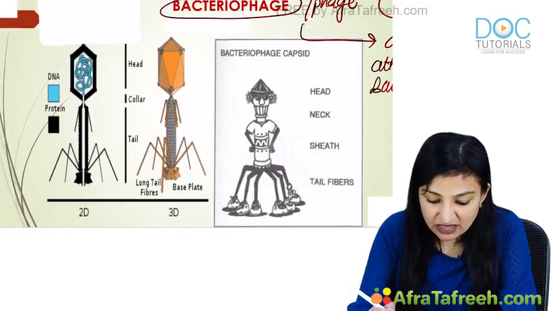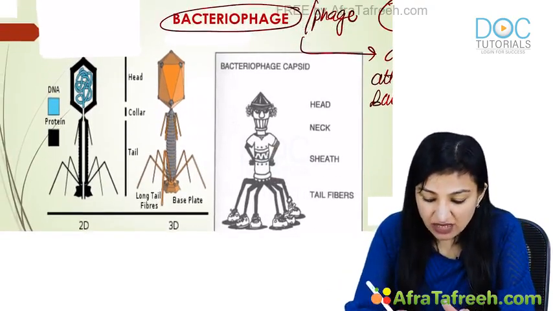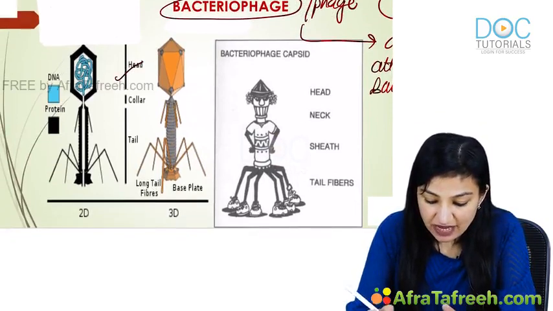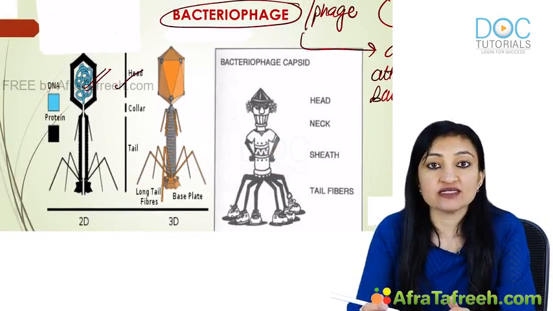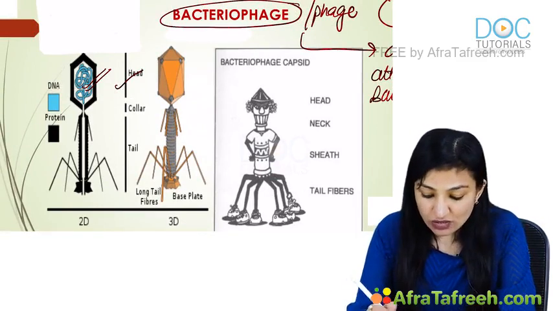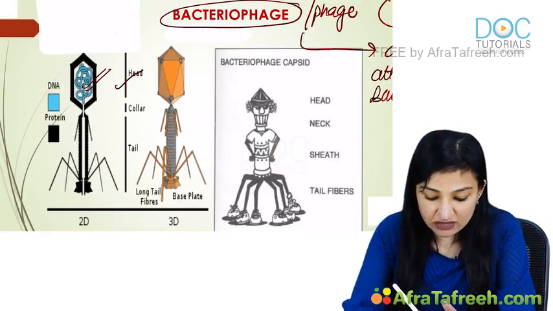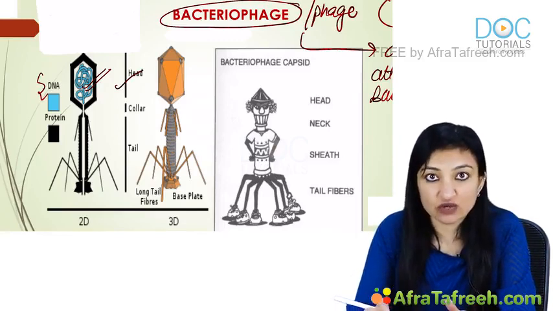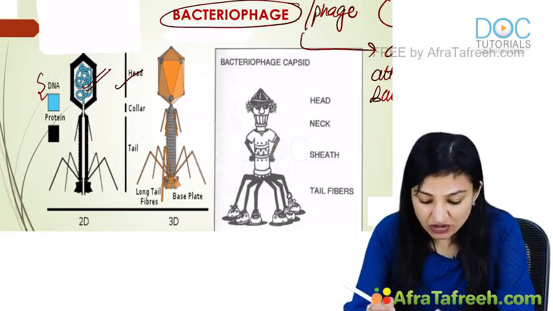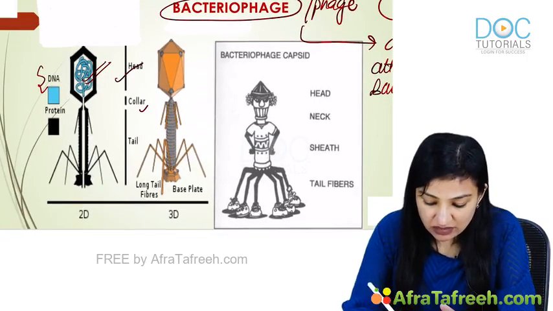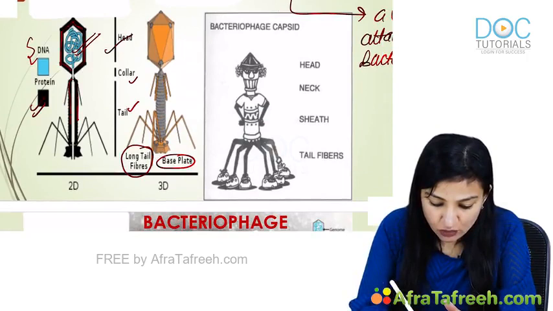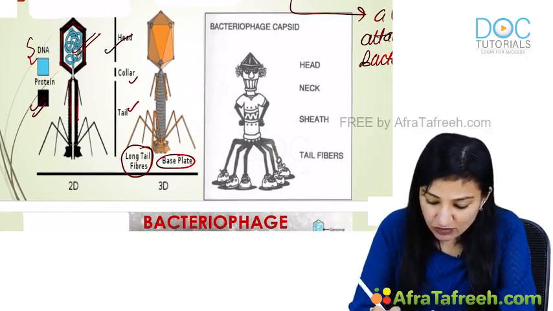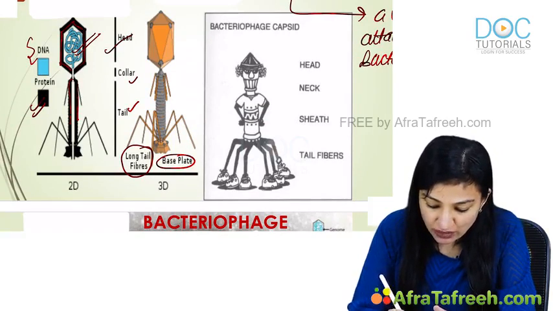Basically it has these parts, the head, and the head is going to have the genetic material. Remember, viruses have either DNA or RNA, never both. So in this diagram we have taken DNA as the genetic material of this bacteriophage. Then there's a collar, the tail, the black portion all around over here is nothing but protein, and we have what is known as the base plate and the long tail fibers.